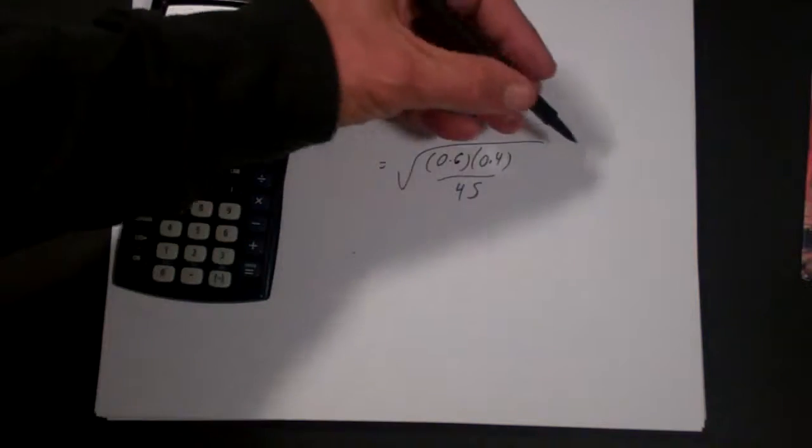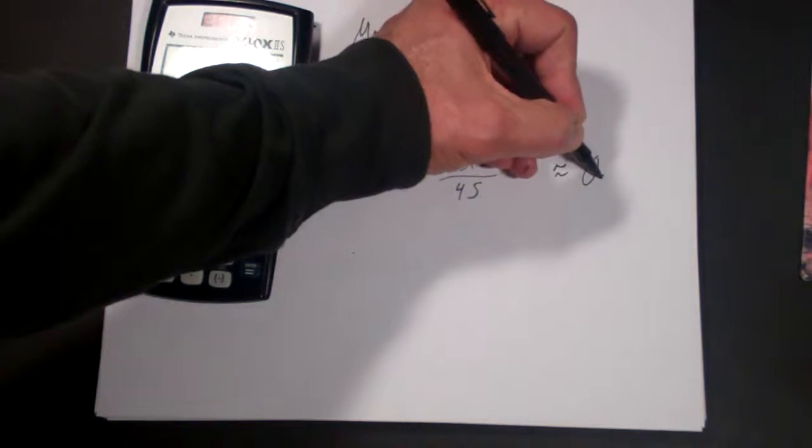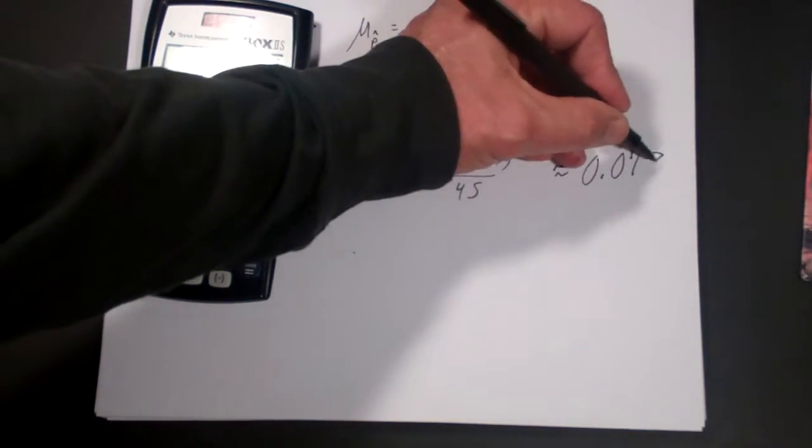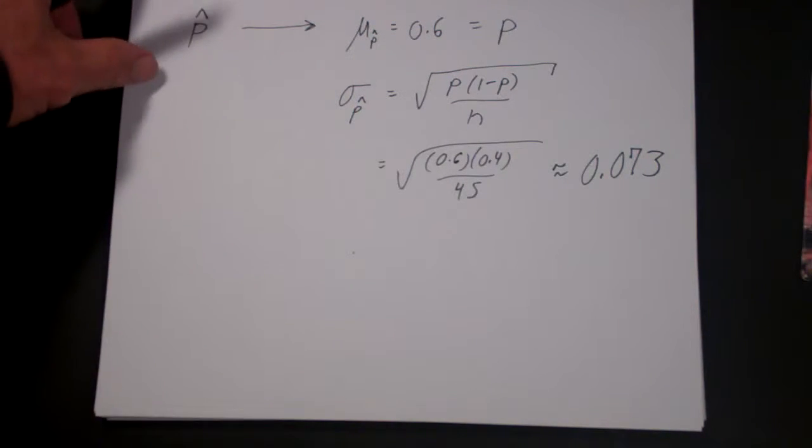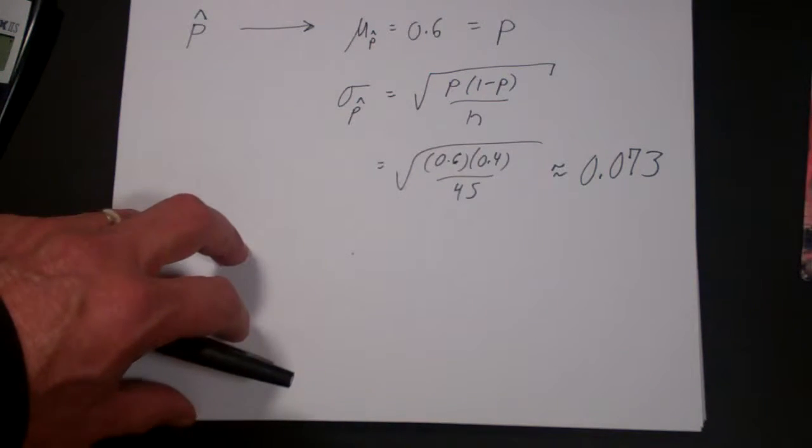And I get about 0.073. Right? So I have a mean and standard deviation of the distribution.